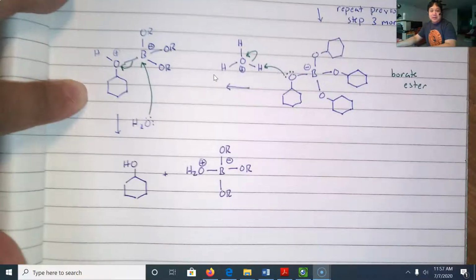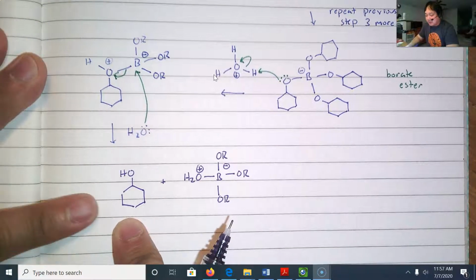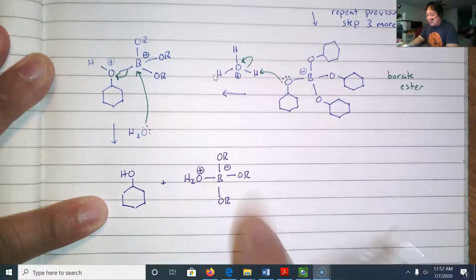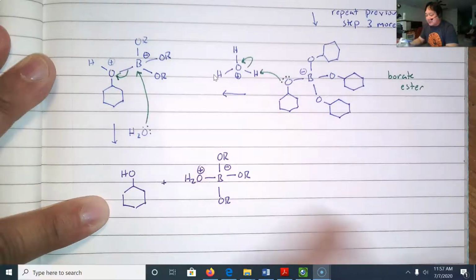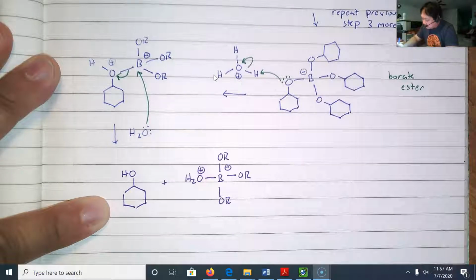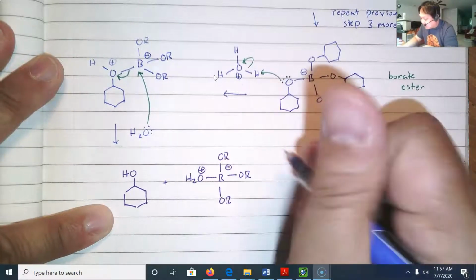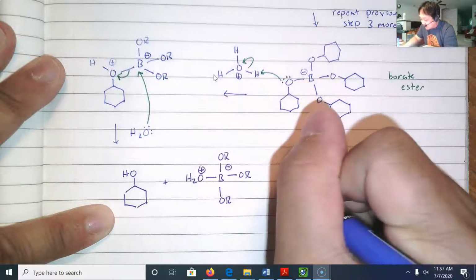So there's one of your cyclohexanols, the product. You're going to repeat now these last 2 steps 3 more times to take care of the other ones. We're not going to show the mechanism to show what happens to this positive.